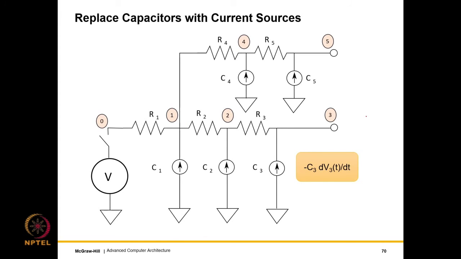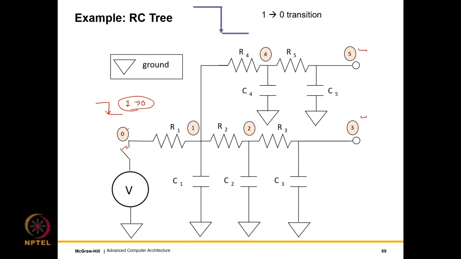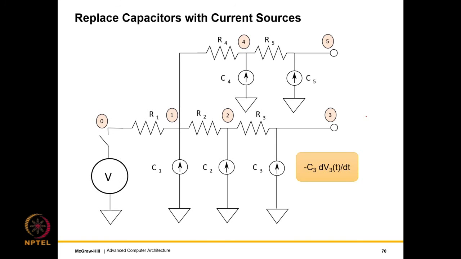So what we do is we replace all the capacitors. Just go back. We replace all the capacitors with equivalent current sources. Each current source, if you recall your discussion on capacitors, provides a current of minus C3 dV3(t) by dt.